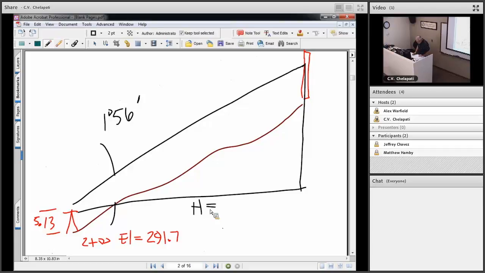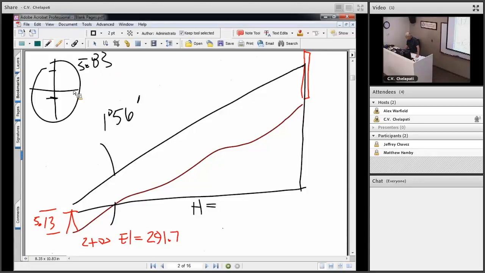So the crosshair reading, the middle reading, so when you look through the transit, kind of looks like this. So we have the top hair is 583. The bottom hair is 443. And the middle hair is 513.